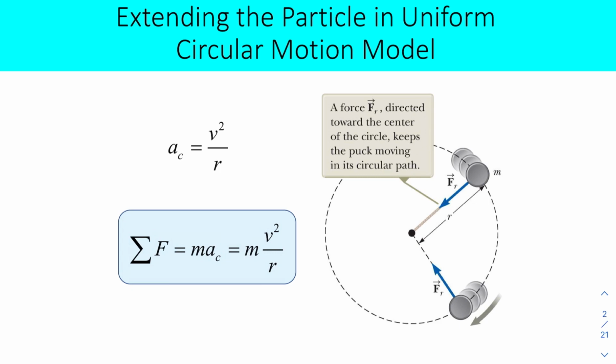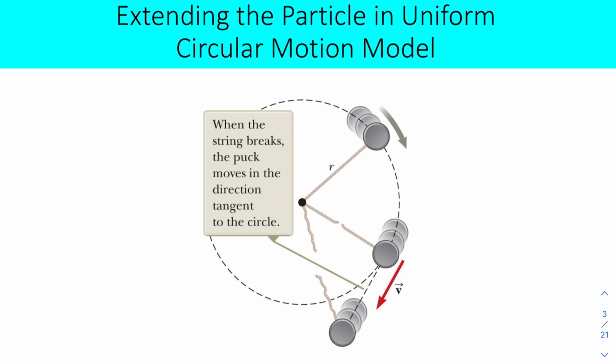Based on Newton's second law, the net force acting on an object is equivalent to ma, so for this case it is a_c. What does a_c mean? It's the centripetal acceleration, and we know that the centripetal acceleration is v squared over R. This is the tangential speed squared over the radius of the circle.